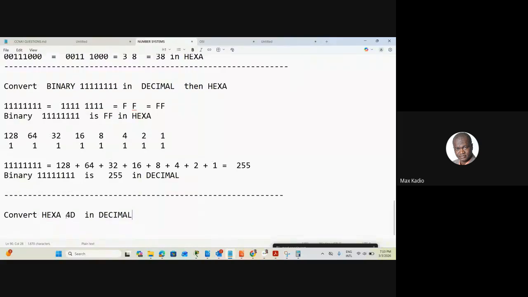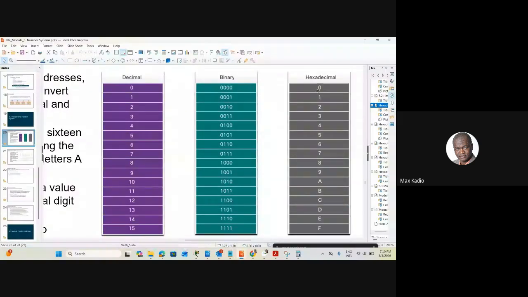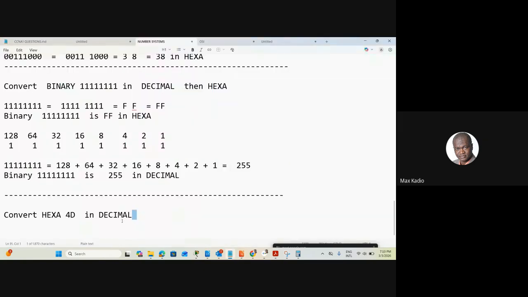To do that, you take your table. From hexadecimal to decimal, you must always go via binary, then from binary you go to decimal. From decimal to hexa, you must also always go via binary. So we say 4D.